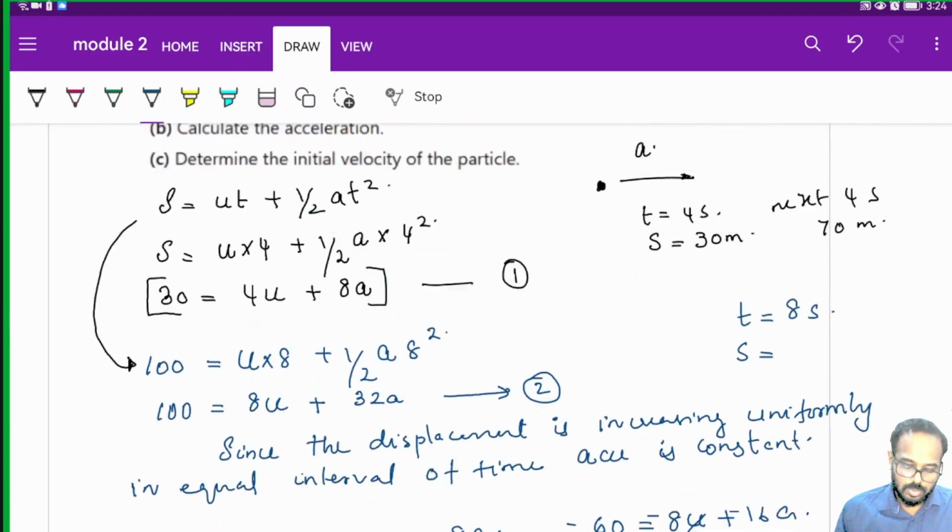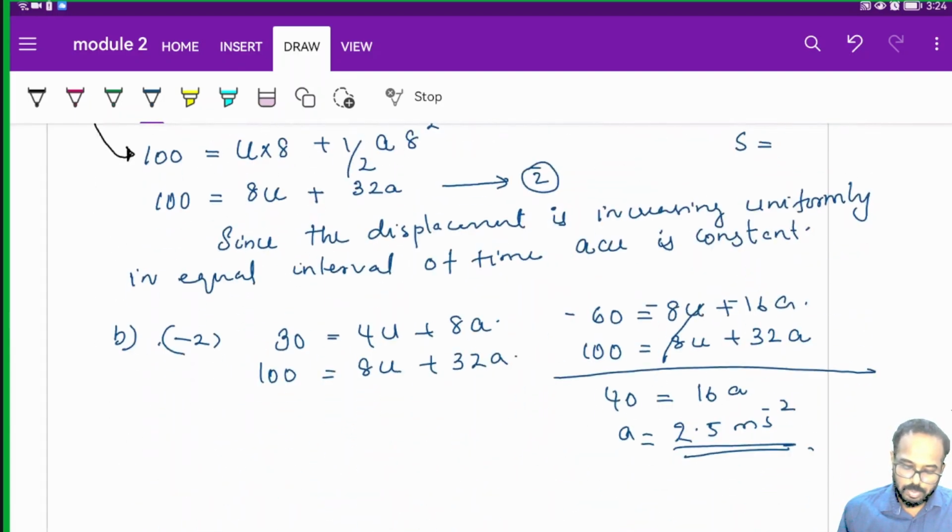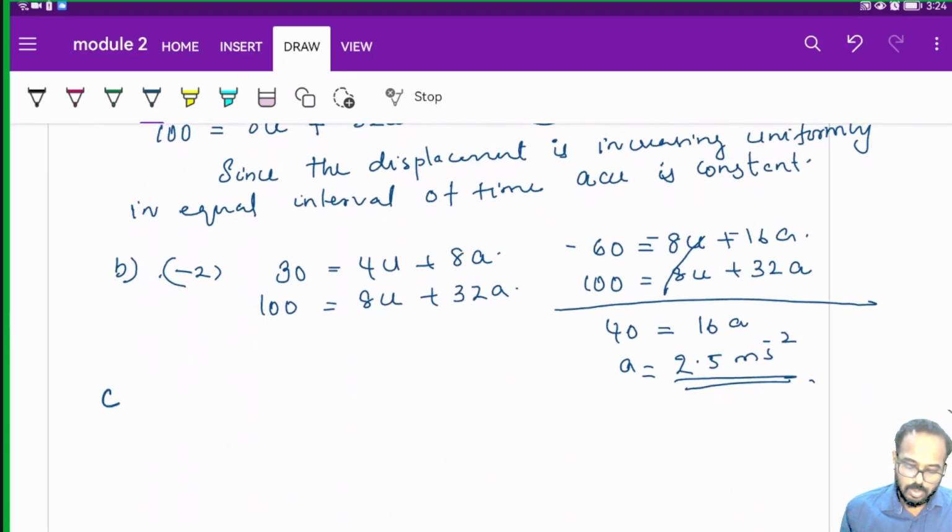Understood? Now, the next part is to determine the initial velocity of the particle. Initial velocity means you need to find it out. You can use any one of these equations. I will use the first equation. 30 equals 4u plus 8 into 2.5.